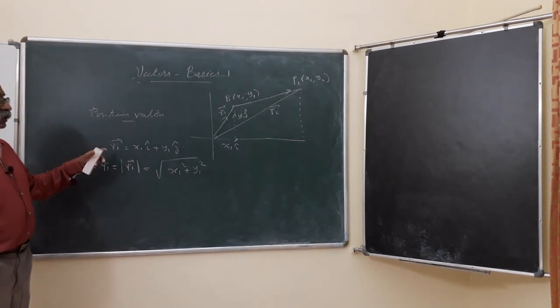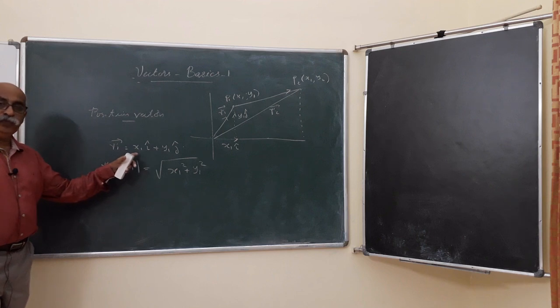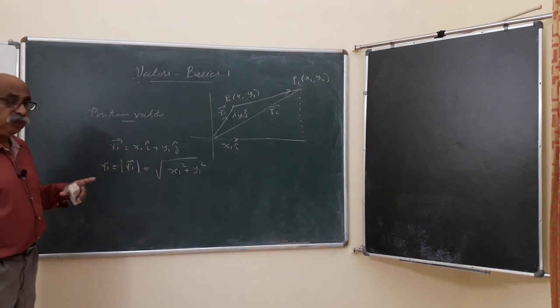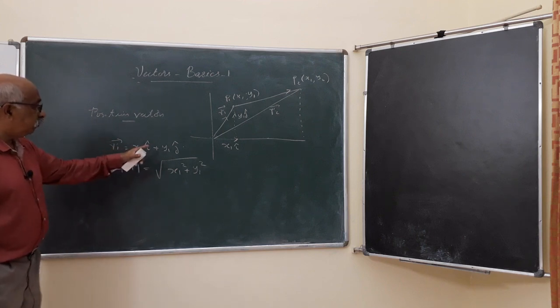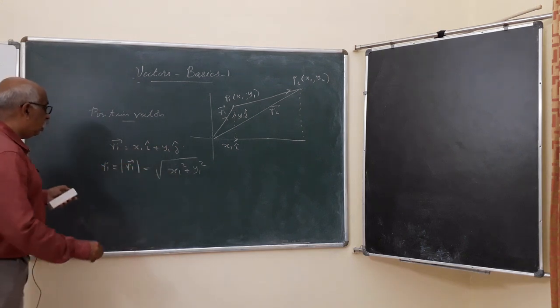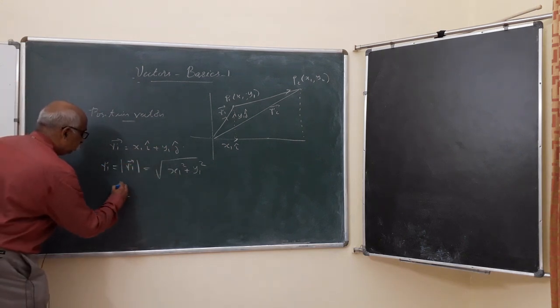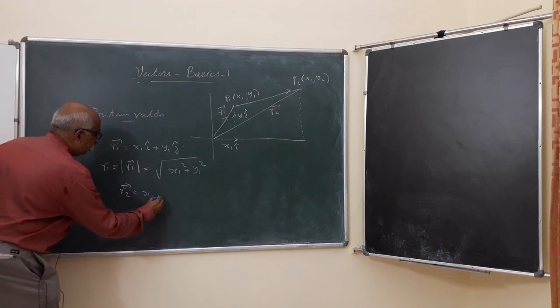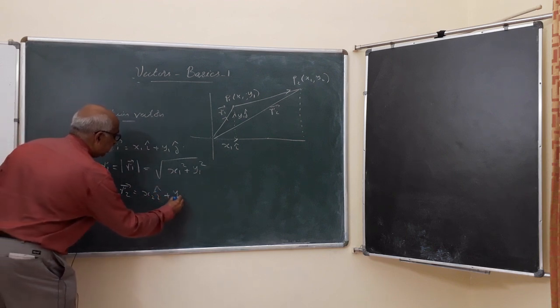Thus, we can represent a vector with the help of unit vectors i and j. R1 is x1 i plus y1 j. Similarly, R2 is x2 i plus y2 j.